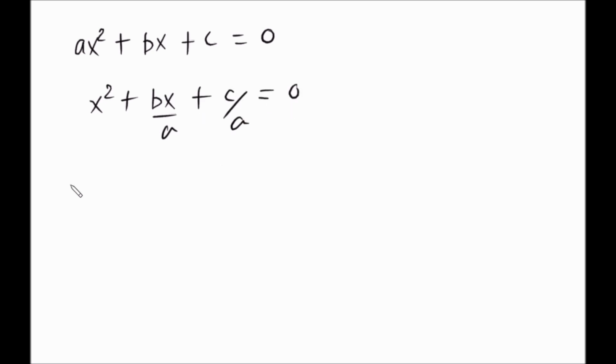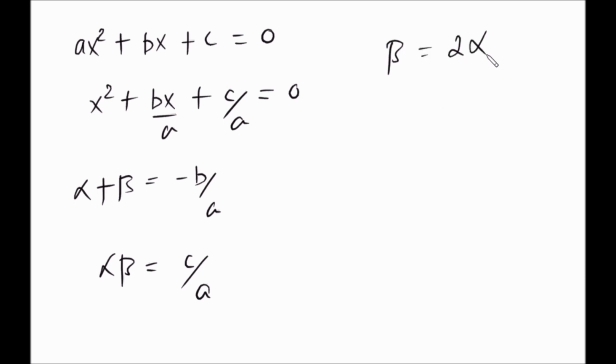So the sum of roots, alpha plus beta, is negative b over a, and the product of roots, alpha beta, is c over a. If one root beta is twice the other, prove that 2b squared minus 9ac equals 0.